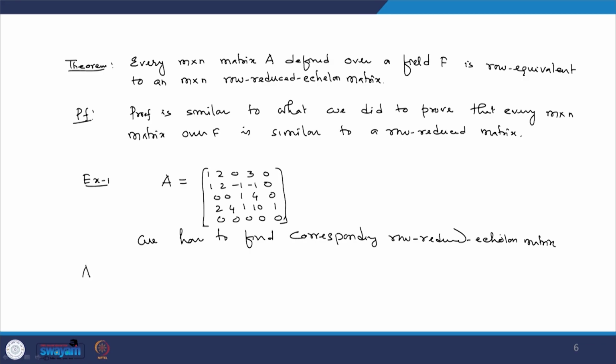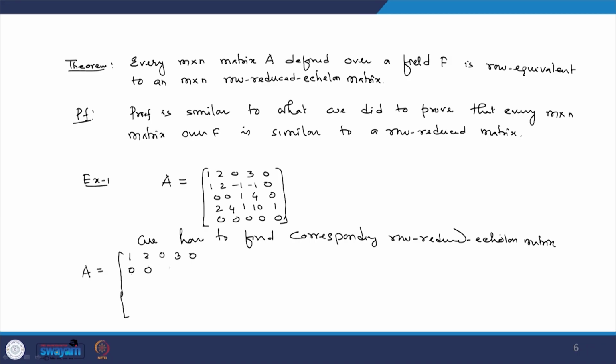So, for this let me do elementary row operations. Since the first non-zero entry in the first non-zero row is 1, I will leave the first row as it is: 1, 2, 0, 3, 0. Since the first column contained the leading entry of the first row, I have to make all other entries 0. So, this is basically R2 minus R1.